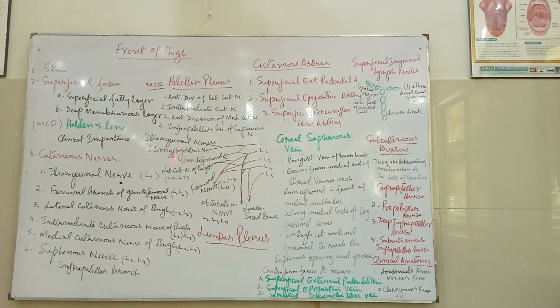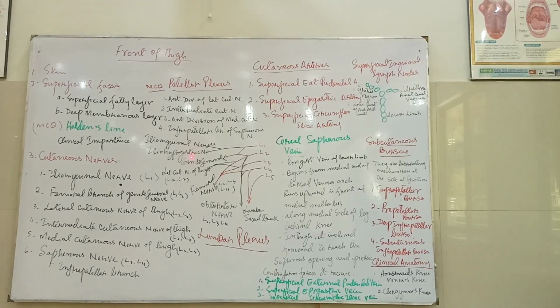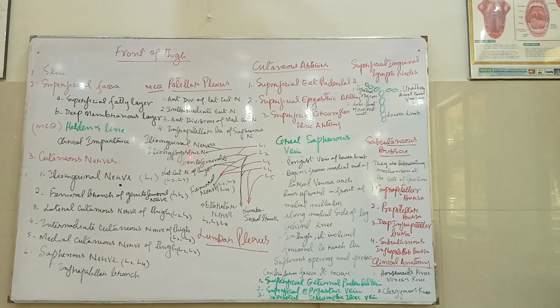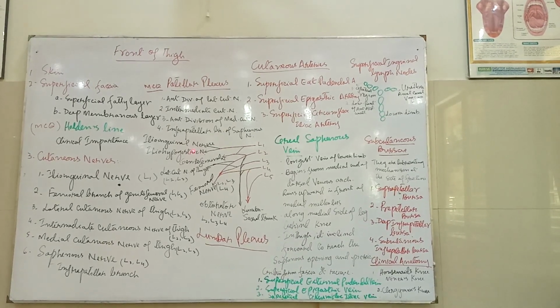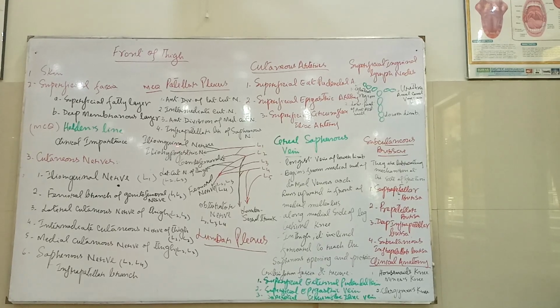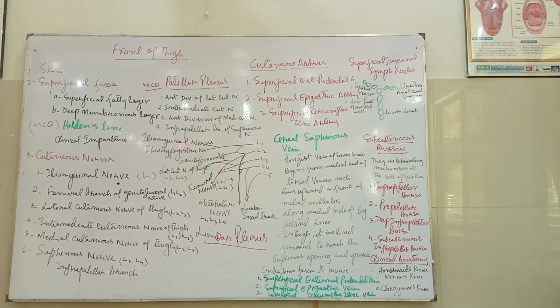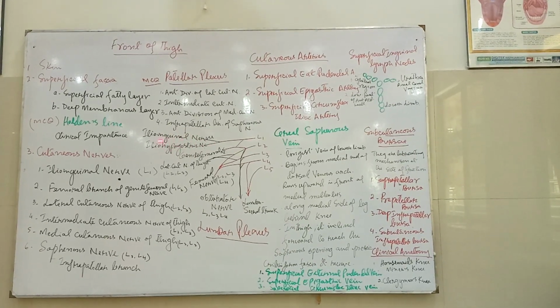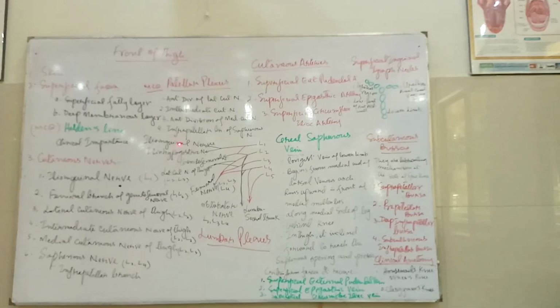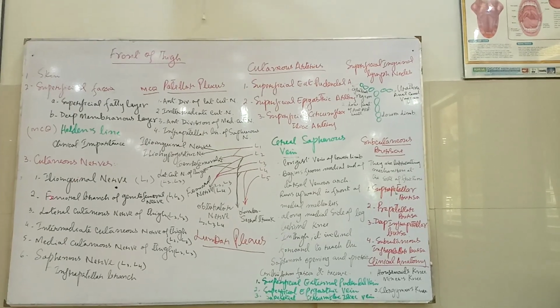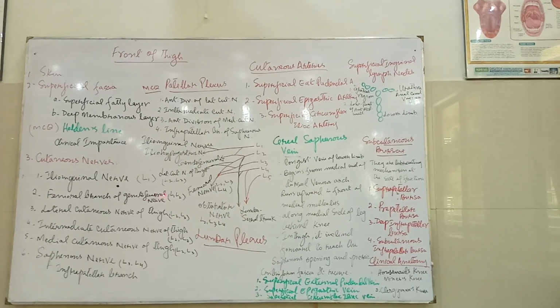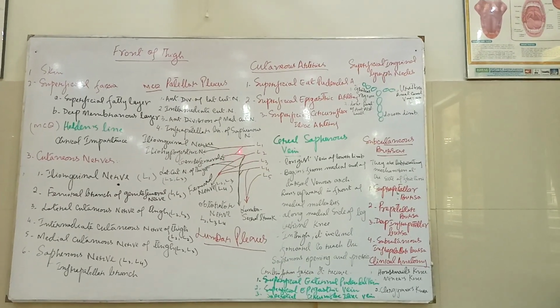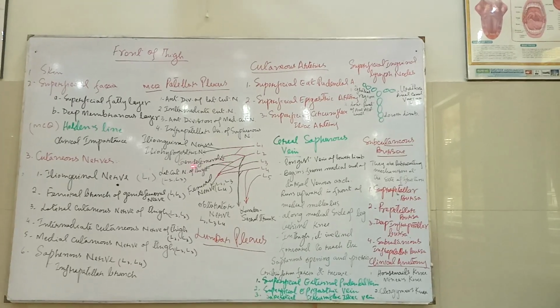Iliohypogastric remains in the abdominal part, which we will study in second year. The ilioinguinal part supplies the upper part of the scrotum, base of the penis, mons pubis, and the upper part of the thigh. While the femoral branch of the genitofemoral nerve is L1 and L2, and then the genital branch of the genitofemoral nerve.